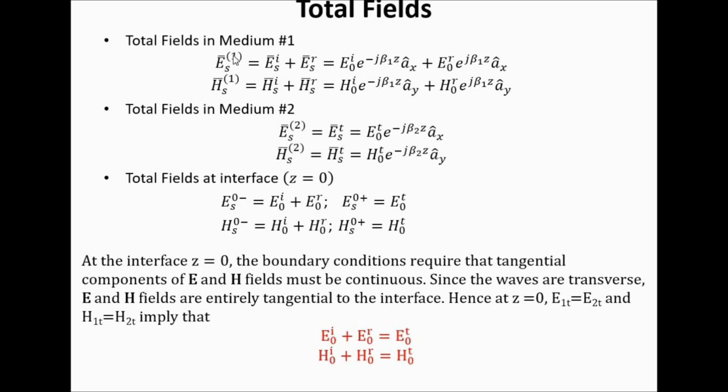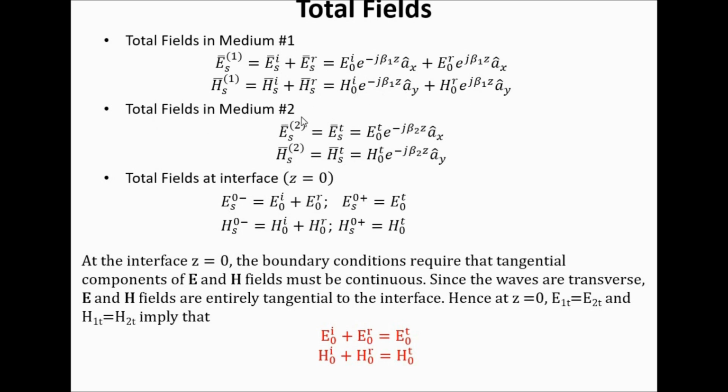So this is Es1, that means total field. If you see a notation like this with 1 in parentheses, that is called the total field in medium 1, the sum of the incident wave and the reflected wave. We know the expressions for the incident wave and also the reflected wave. And the total magnetic field in medium 1 is this one, Hsi plus Hsr, this is the expression.